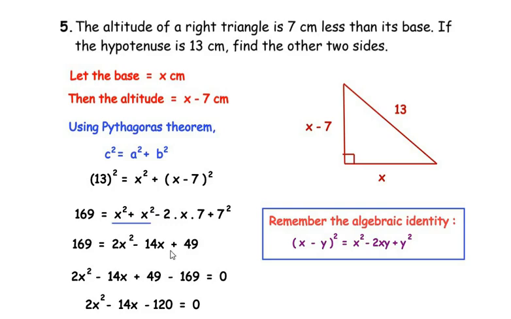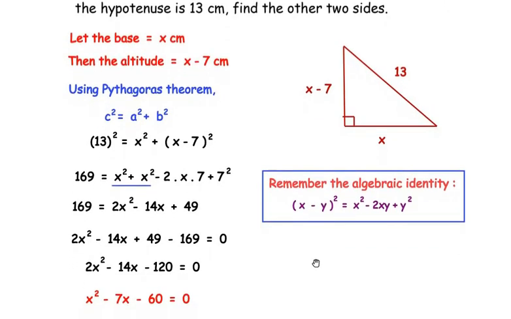So the equation now becomes 2x square minus 14x plus 49, and positive 169 now becomes minus 169 equal to 0. Now further simplifying this we get 2x square minus 14x. Now 49 minus 169 gives us minus 120 equal to 0.